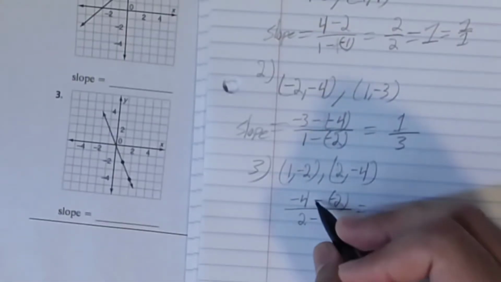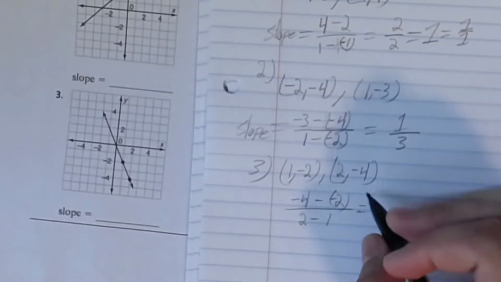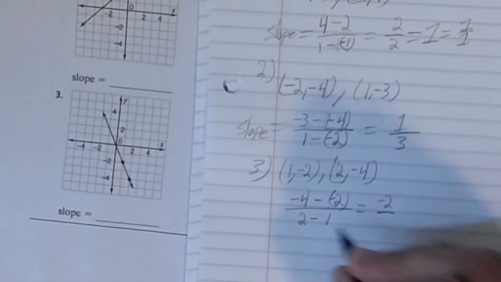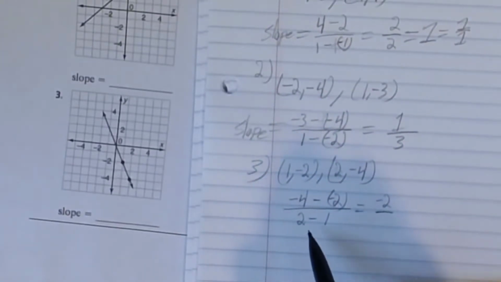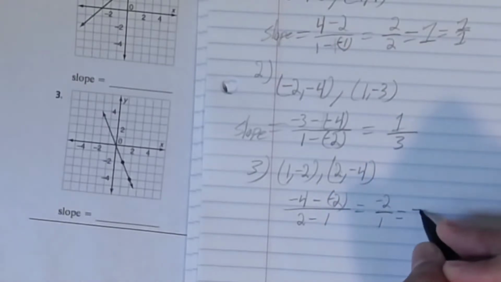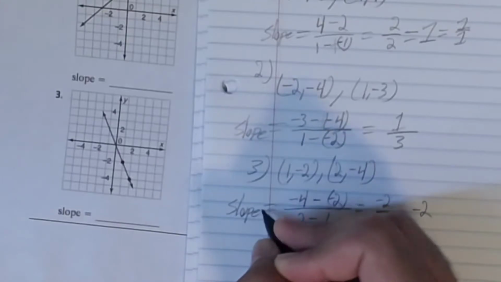This becomes a positive, so it's -4 plus 2. -4 plus 2 is -2. Now, we got 2 minus 1, which is 1. So it's -2 over 1, which is just -2. This is our slope.